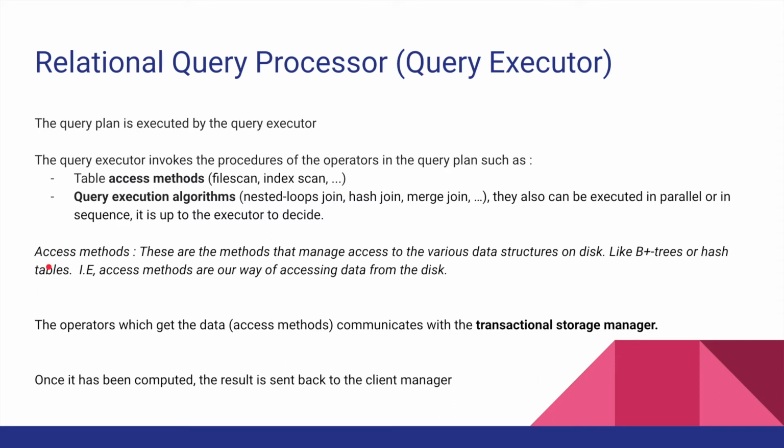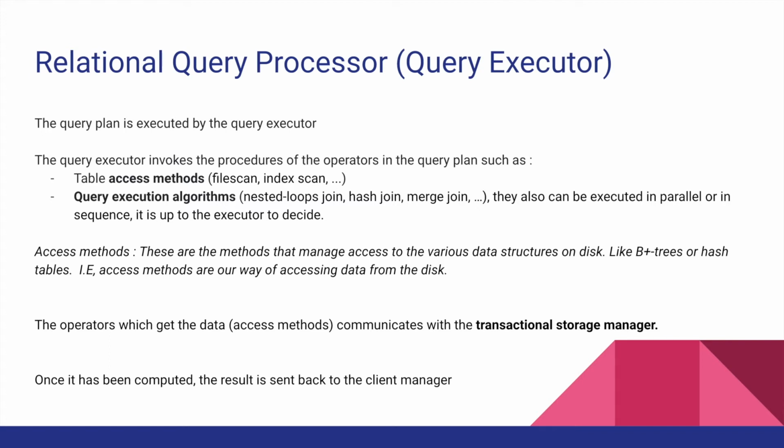I wanted to make a quick point on access methods. The access methods are our way of accessing the data from disk, to be brief. Then the access methods get the data from the transactional storage manager that we will see in the next part.